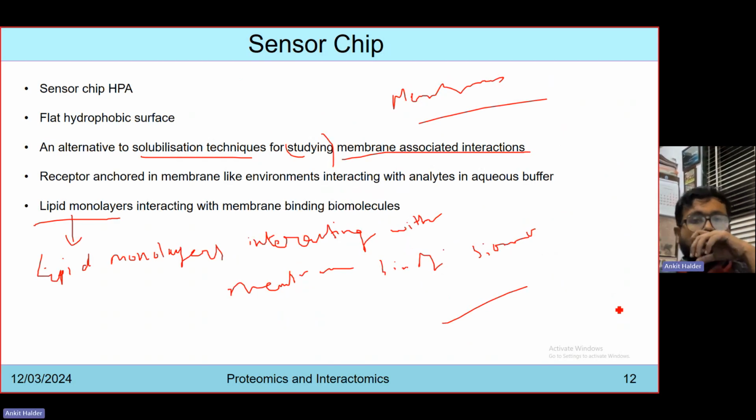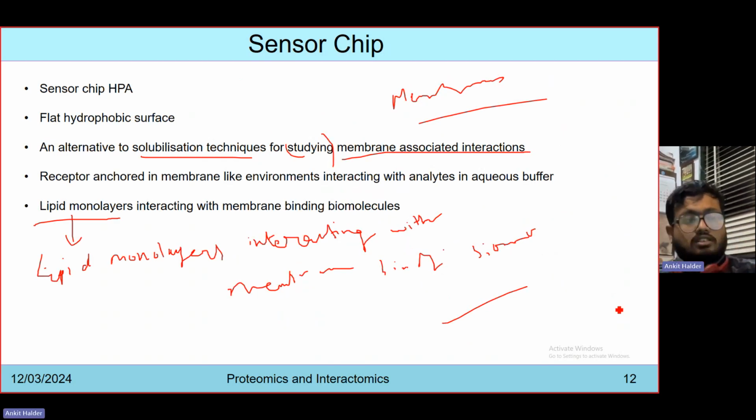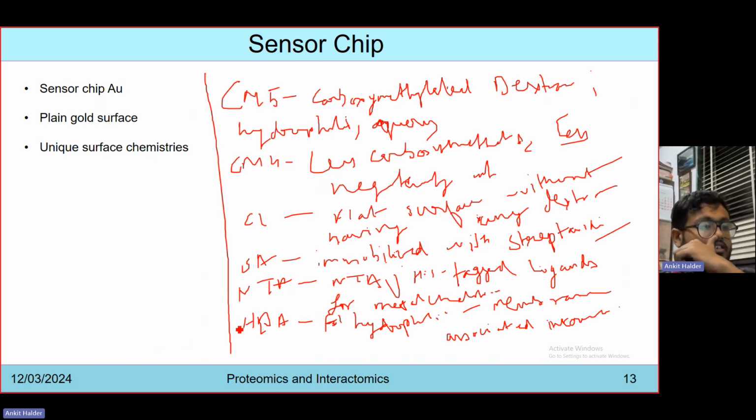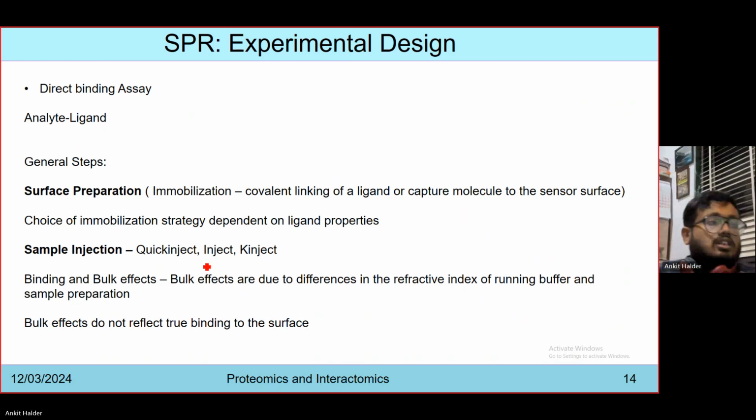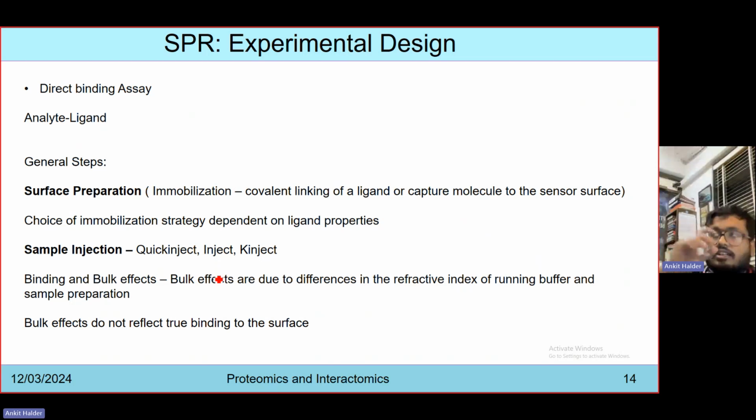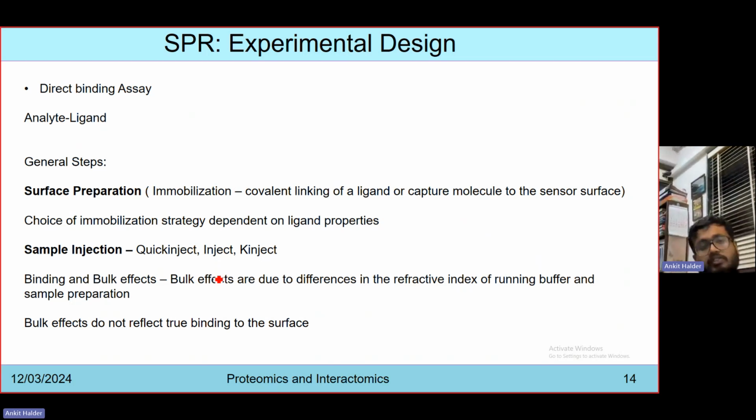And last is the lipid monolayers interacting with the membrane binding biomolecules, and then say AU with the plain gold surface, which has a very unique kind of surface chemistry.